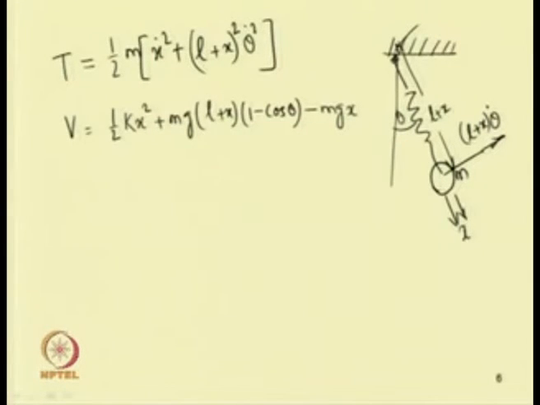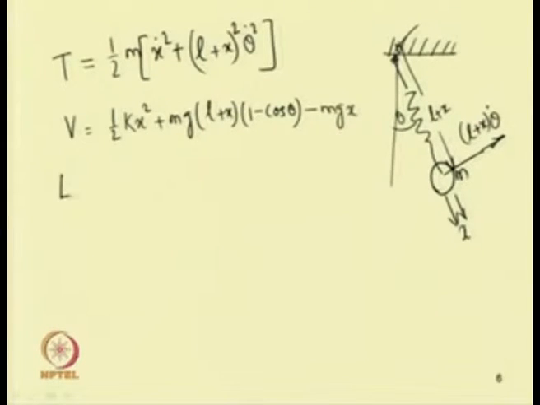The potential energy is half k x square for the extension x of the spring. Then due to the change in position of the mass, we get mg into L plus x into 1 minus cos theta, minus mg x.